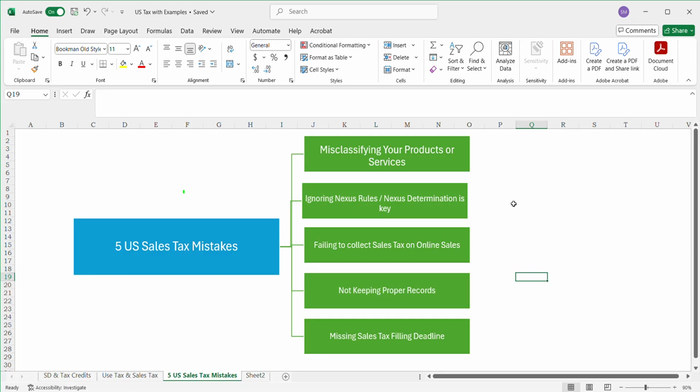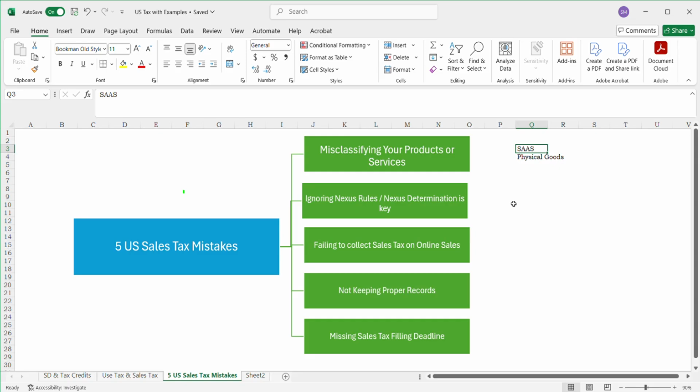Physical goods, physical services, and non-physical services like software as a service have different taxability in different states, so it's always important to stay updated with the regulations of the states, review your product catalog, and charge the tax accordingly.